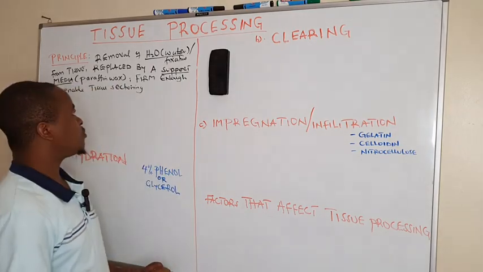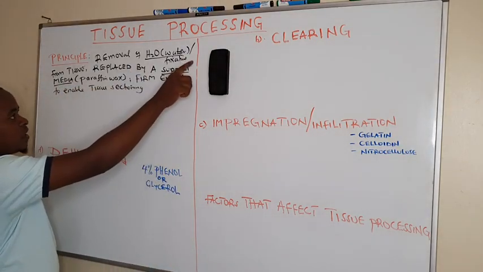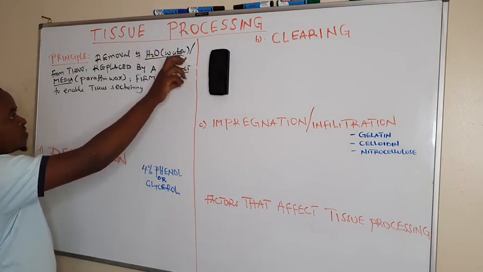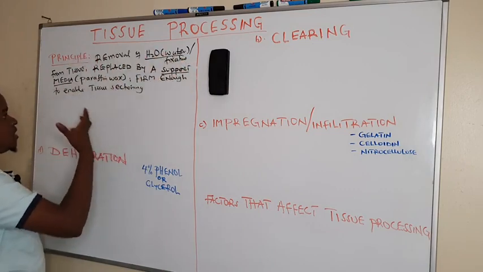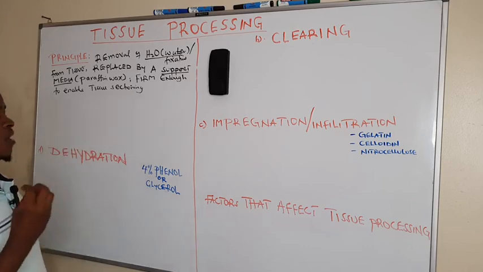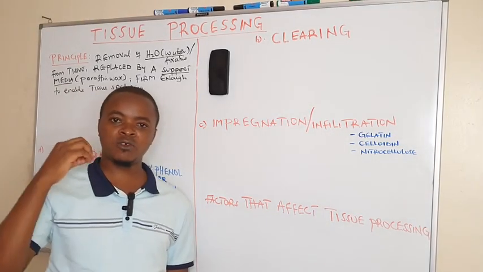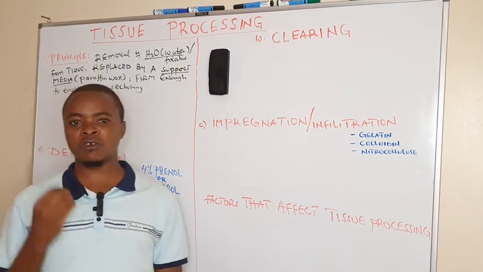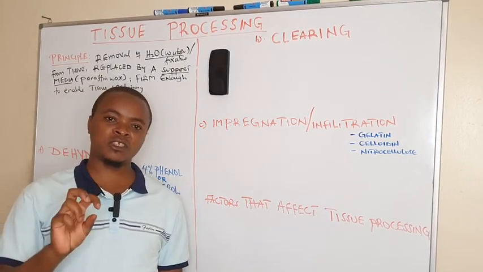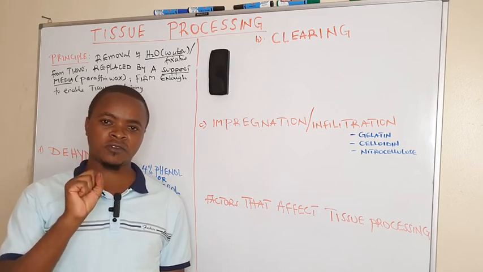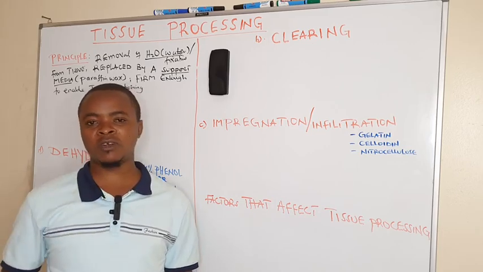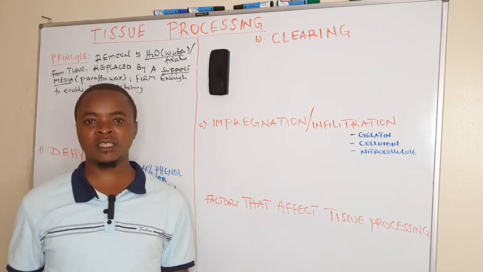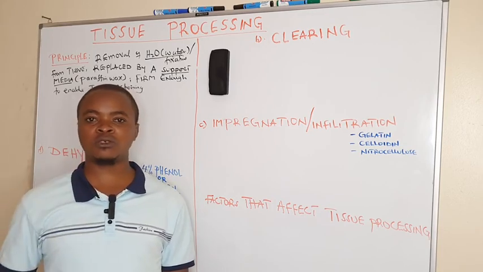So much as we are removing water or fixative, replacing it with a support media, or a solid media, which is firm enough to facilitate microtomy, at the same time, this tissue should remain soft for the microtomy knife to cut sections easily without distortion or damage of the tissue.